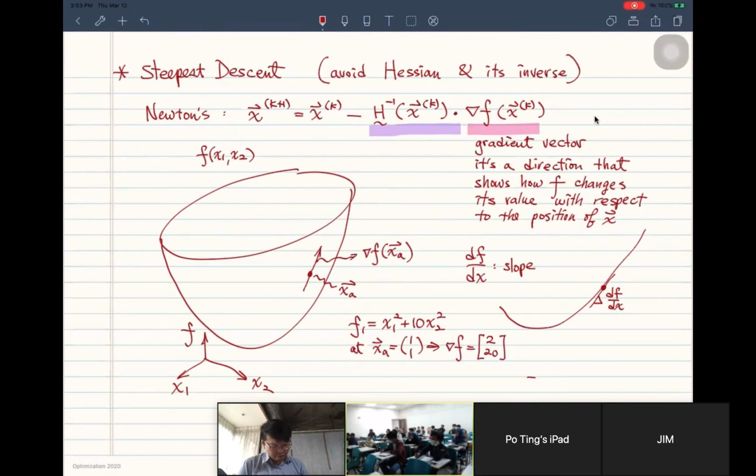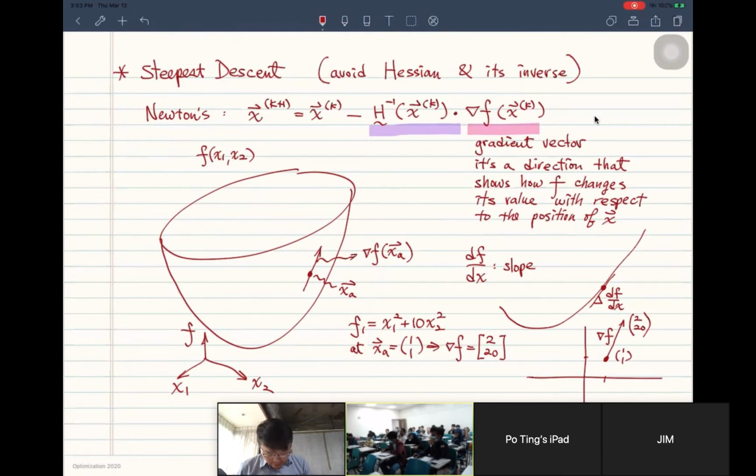So if you try to visualize that, here is (1, 1). And what is (2, 20)? (2, 20) looks like this. This is like a vector of (2, 20). Okay, so that would be the gradient at (1, 1). And it's usually going toward the direction where function value increases.